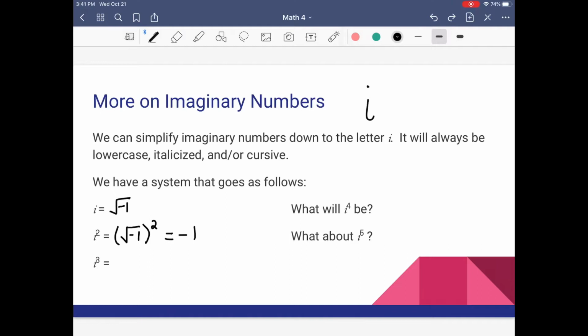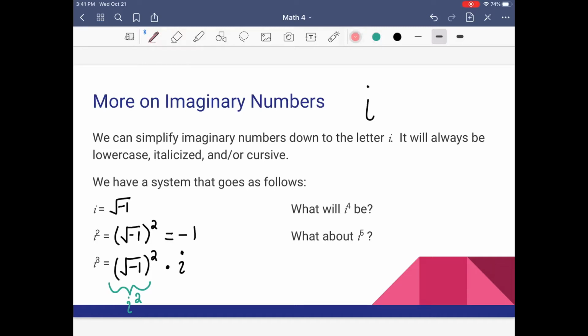If I have i cubed, that means I need to break this down further. We already know that i squared equals -1. So I'm going to break it down in such a way that I can simplify it easier. I have i squared, which is the square root of -1 squared, times that one i left over. Remember, this is i squared, so i squared times i gives me i to the 3rd power.